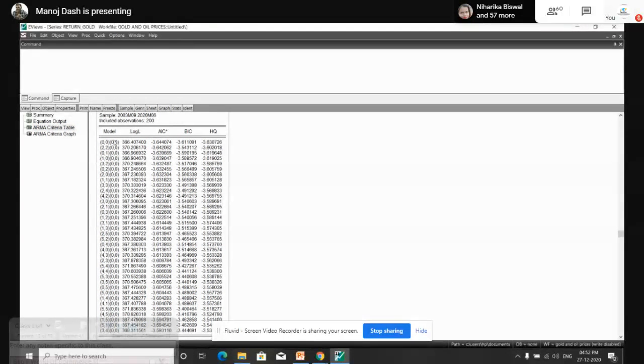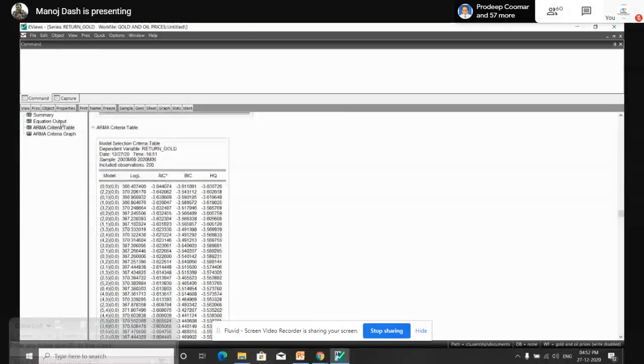Top. 0,0, meaning it is not taking any past component, and the AIC value is lower compared to the other values. Clear? The Akaike information criterion is lowest. That is the best ARIMA model.